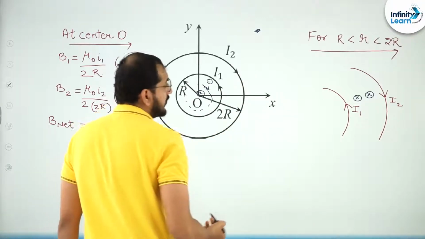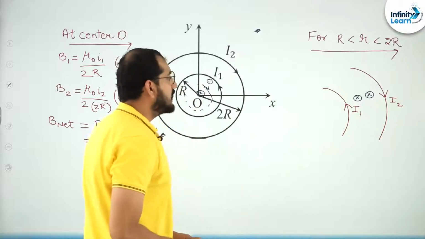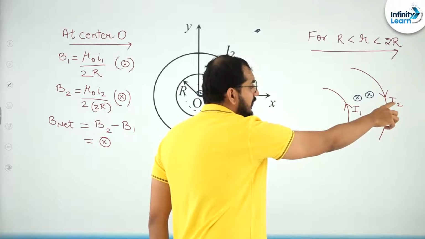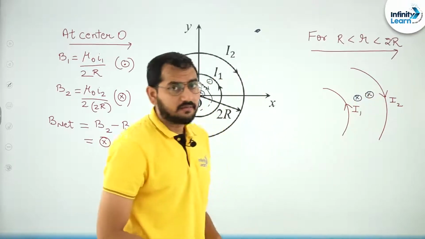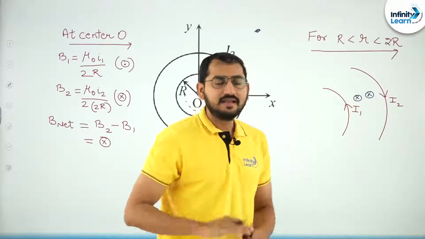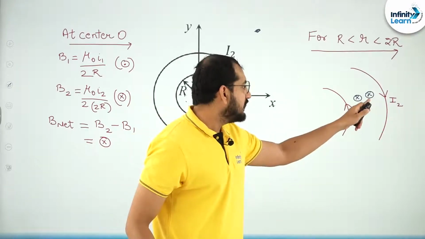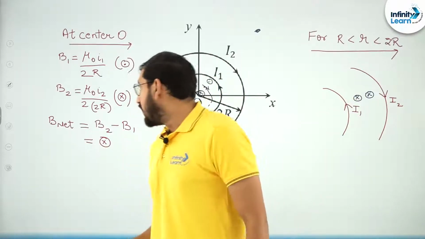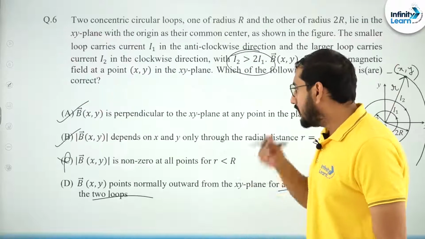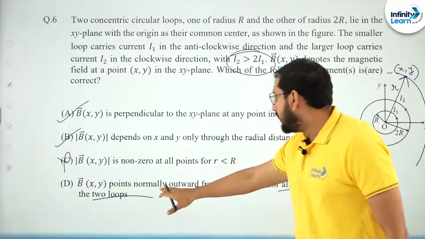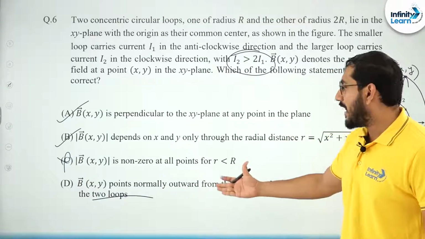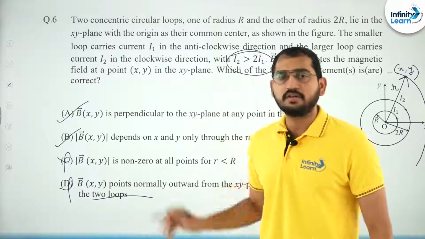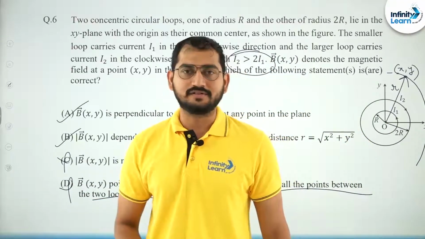If I select any point over here, the magnetic field due to current I1 is going into the page, and the magnetic field due to I2 is also going into the page. So here I cannot get any null point, and obviously these two magnetic fields will add up. The total magnetic field will ultimately be into the screen. Option D says that the magnetic field is pointing normally outward, which is false. Actually it is pointing normally inward. So option D is wrong. For this question, A and B will be the correct answers.